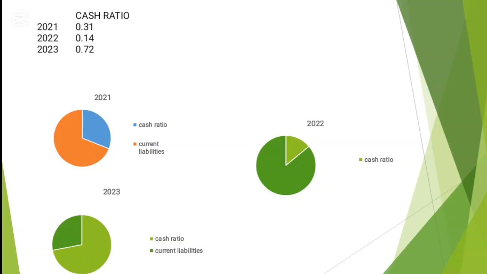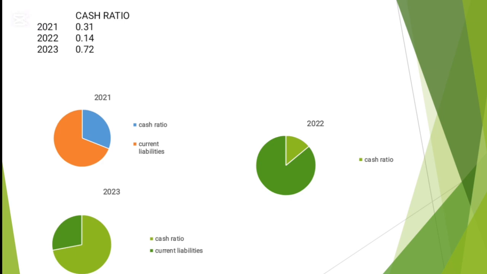From there, we're going to go straight into the cash ratio. We want to see if the current cash that the organization has is able to sort out short-term obligations. We can see clearly that in terms of cash, the company is not able to settle short-term obligations. It is 0.31 in 2021, 0.14 in 2022, and 0.72 in 2023.